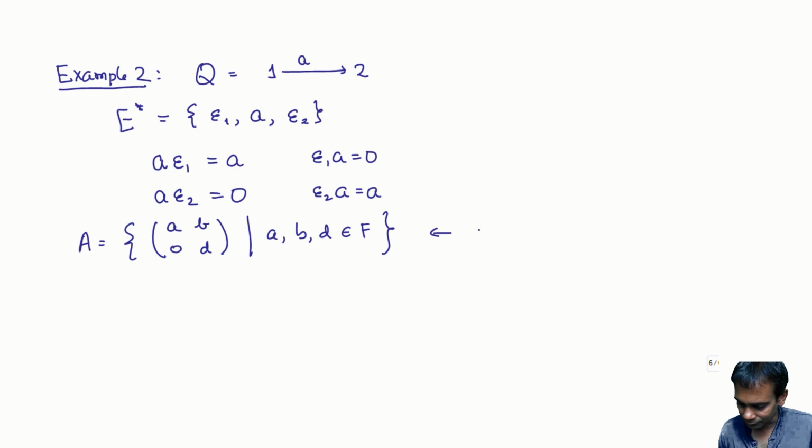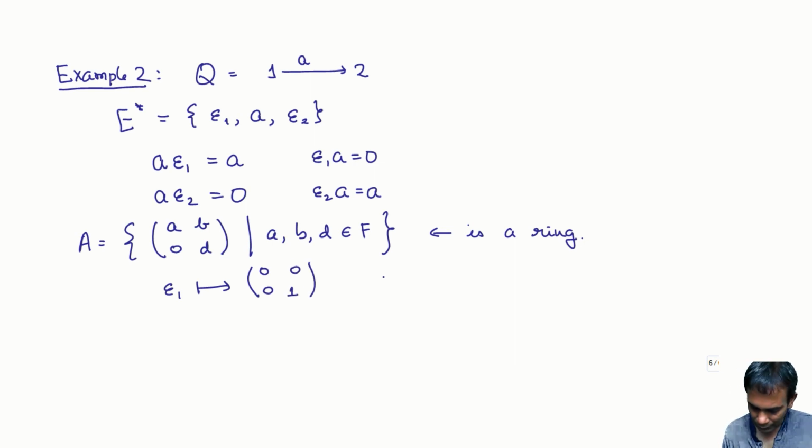So this is a ring. Then epsilon 1 goes to the matrix (0, 0; 0, 1), and epsilon 2 goes to the matrix (1, 0; 0, 0).